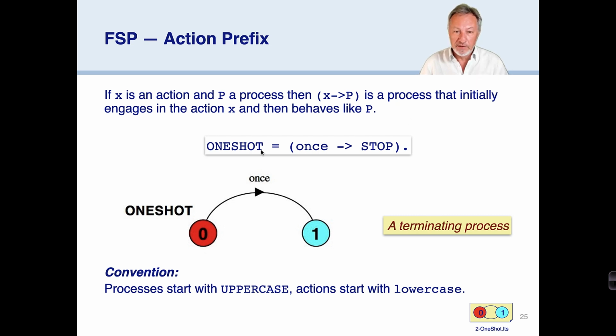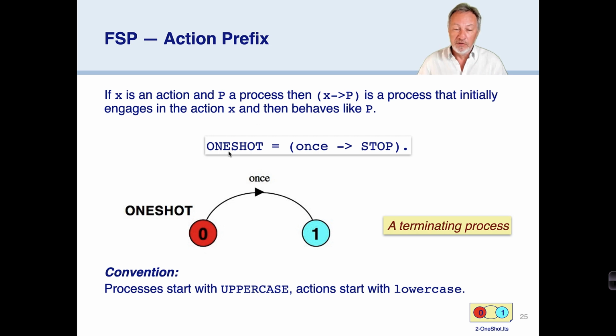Notice that processes start with uppercase and actions with lowercase. So it's very easy to tell, if you're confused by the syntax at some point, what's an action and what's a process. And notice that a process and a state are pretty much the same thing. From any state you could start, and there would be a new process starting from that point.